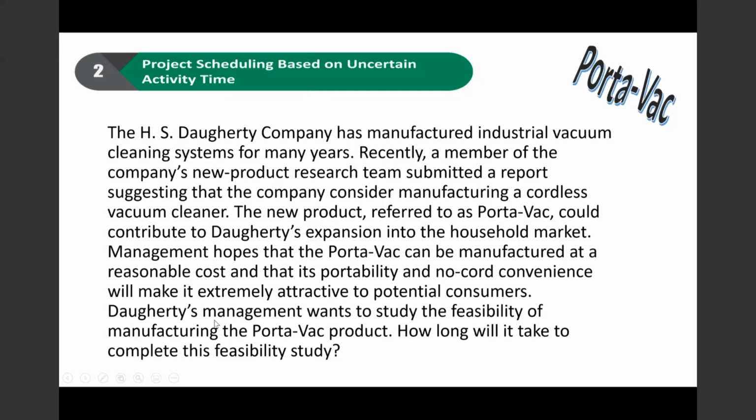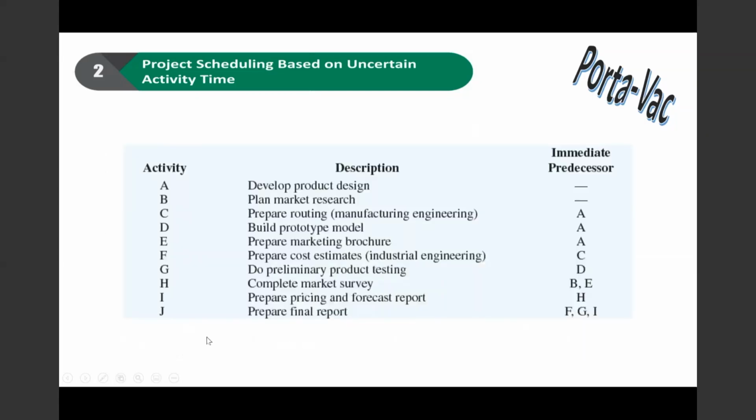Management wants to study the feasibility of manufacturing the PortaVac product. How long will it take to complete this feasibility study? So this is the activity, the description of the activity and the immediate predecessors.